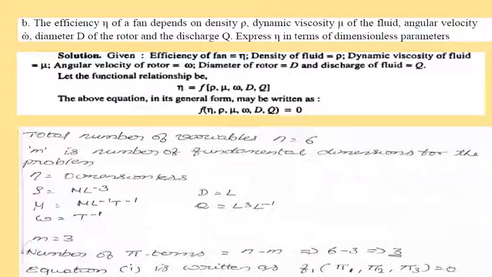This expression can be written as a function of efficiency, density, viscosity, omega, diameter, and discharge equal to 0. So here there are 6 variables, so n is equal to 6. m is the number of fundamental dimensions for the problem. Now write the dimensions for all these variables.